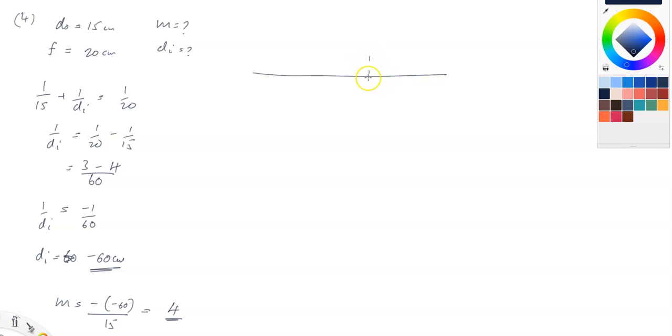So it's a convex lens, F and F. F is 20, but object is in front of that. That's when it creates this big virtual image. See?